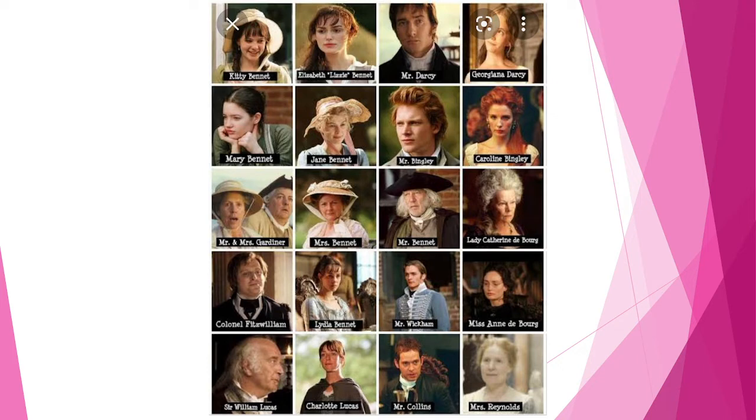Wickham cooks up a fake story about how Darcy's father loved him so much and would have given him so much money and a share in his property, but Darcy influenced his father and he could not get anything. Listening to this story, Elizabeth believes him totally, and her prejudice against Darcy becomes more and more intense. She thinks now how cruel Darcy can be.